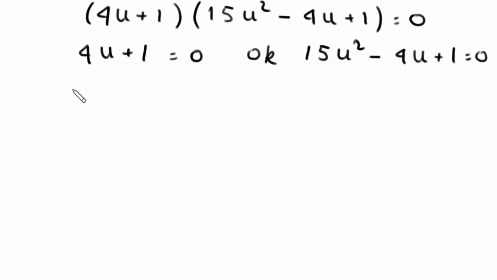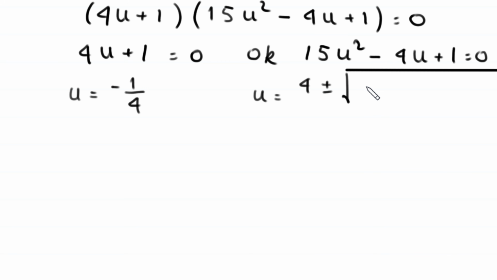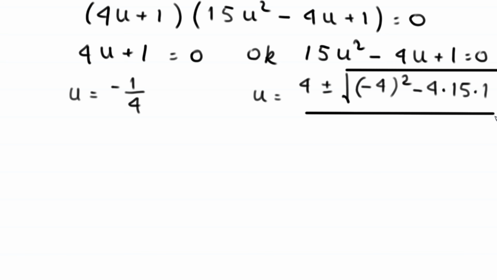From this equation, u will be equal to negative 1 over 4, and from this quadratic equation, according to the quadratic formula, u will be equal to positive 4 plus or minus the square root of b squared, which is negative 4 squared, minus 4 times a, which is 15, times c, which is 1, divided by 2 times a, which is 15.